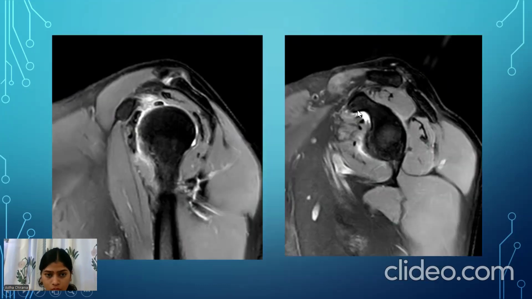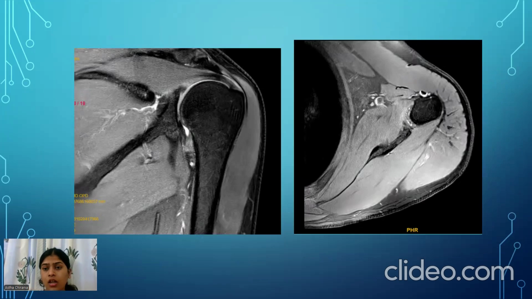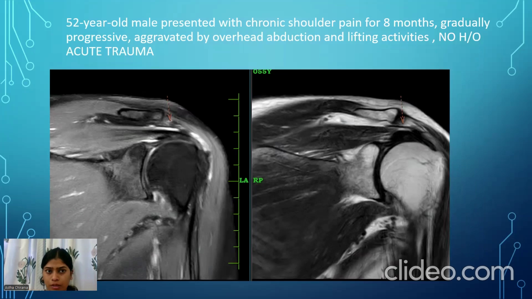Thus, this patient was a patient with partial tear, that is a PASTA lesion, with bicipital groove tendinosis, with AC joint arthropathy, with subscapular recess fluid and subscapular bursitis, representing the degenerative spectrum of shoulder arthropathy.